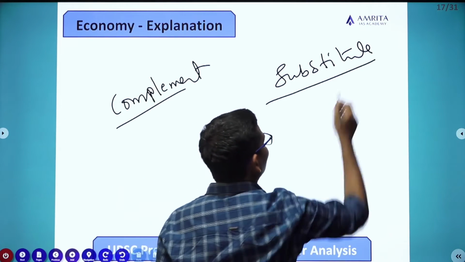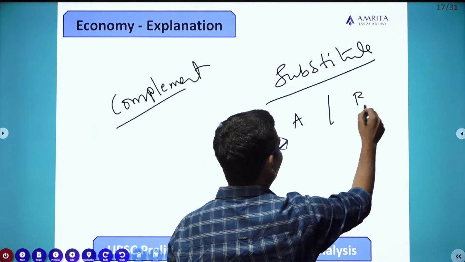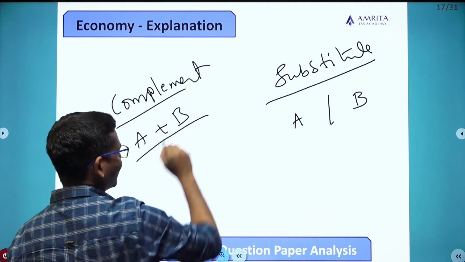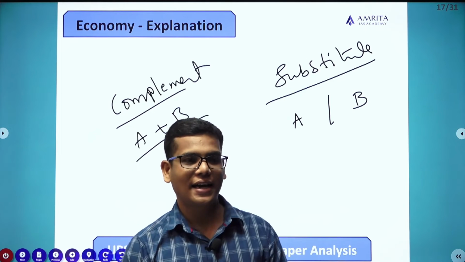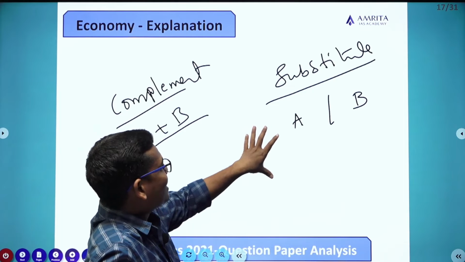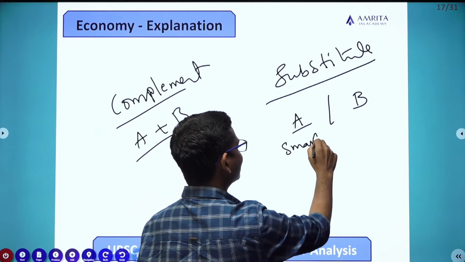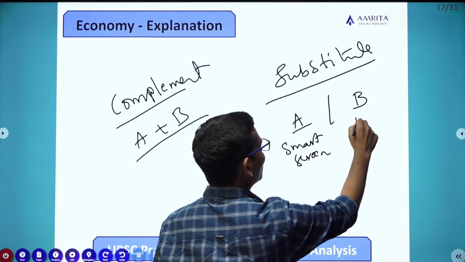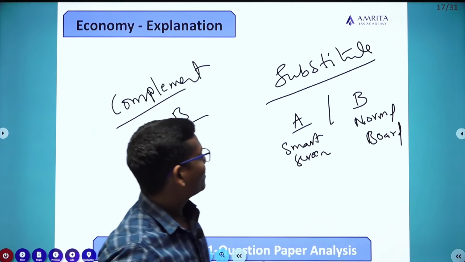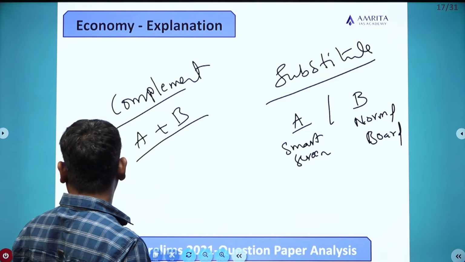A substitute means you have a product A; if you don't want A, you can go for B. But in a complement, no. Without B, you can't use A. Suppose take the case of this smart screen board and a normal board. These are the substitutes. Now what is our question?